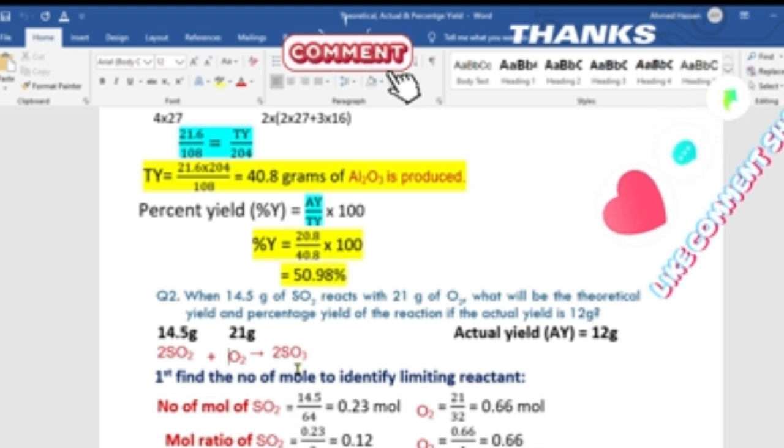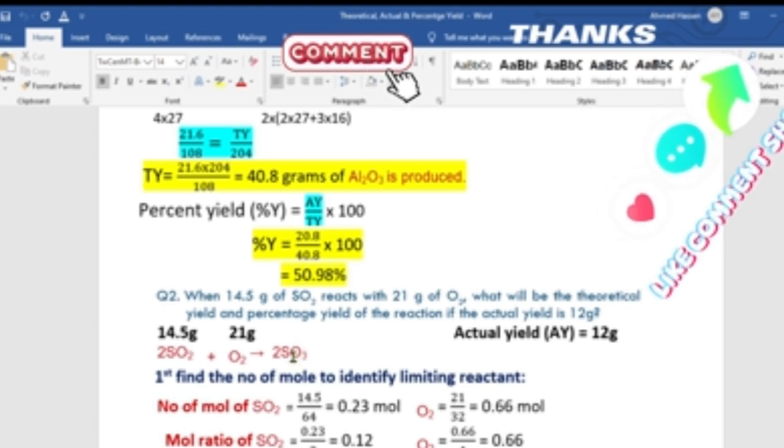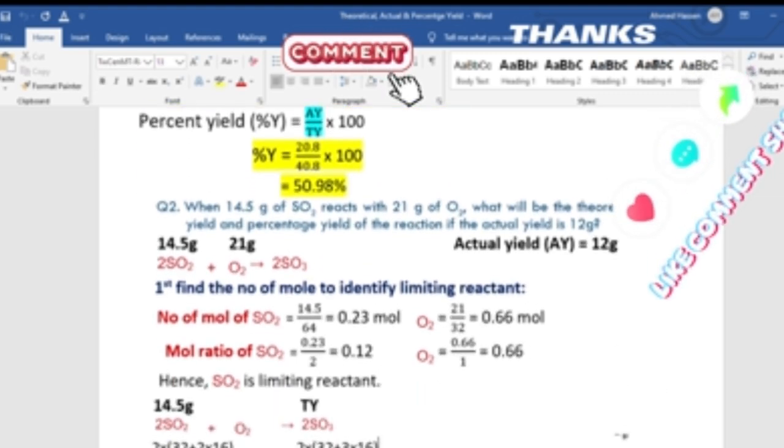And we will calculate the theoretical yield of sulfur trioxide, and then finally the percentage yield of sulfur trioxide, based on this limiting reactant, sulfur dioxide.